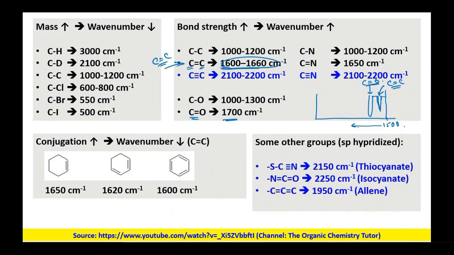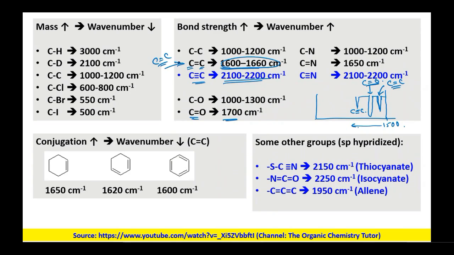So again, if you move slightly forward after 1700, you may get C triple bond C at around 2100 to 2200. So this is a basic thing.